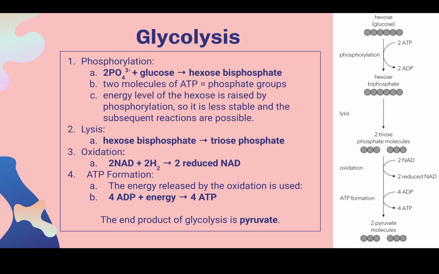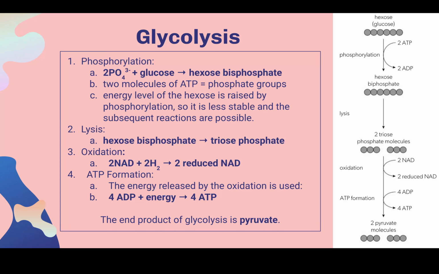After hexose biphosphate becomes triose phosphate molecules, there's oxidation and then ATP formation that happens. So because of the splitting, there's 2 hydrogen molecules released, which get added to the 2 NAD molecules, which forms reduced NAD, or sometimes they'll write it as NADH+. But the point is that it reduces 2 NAD molecules.